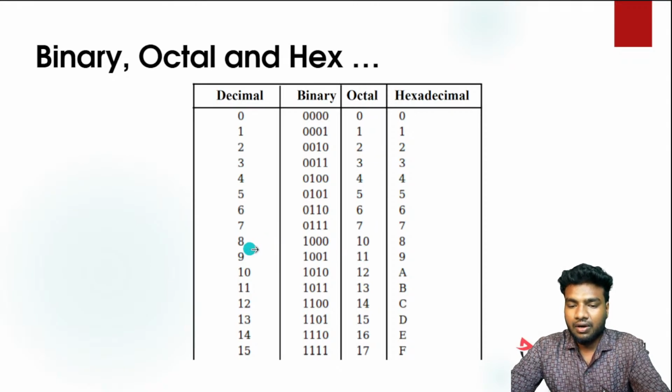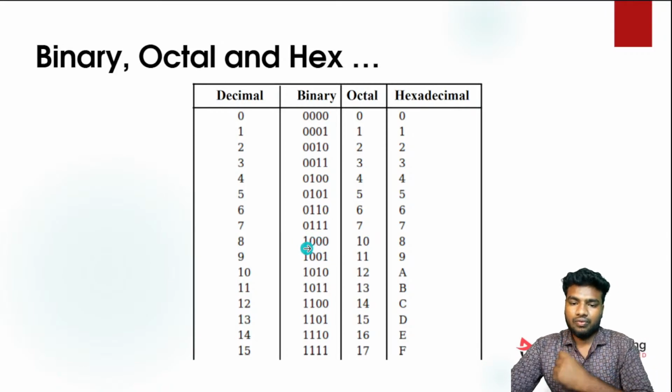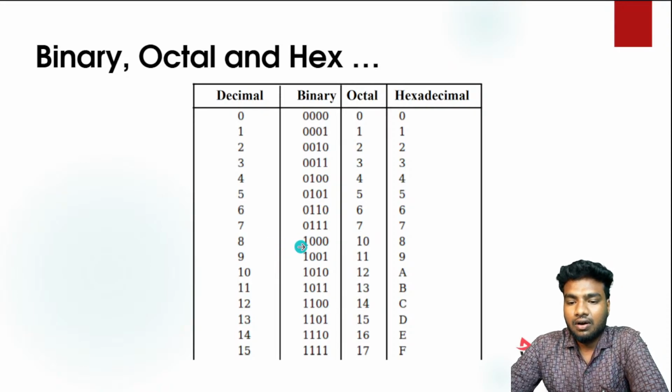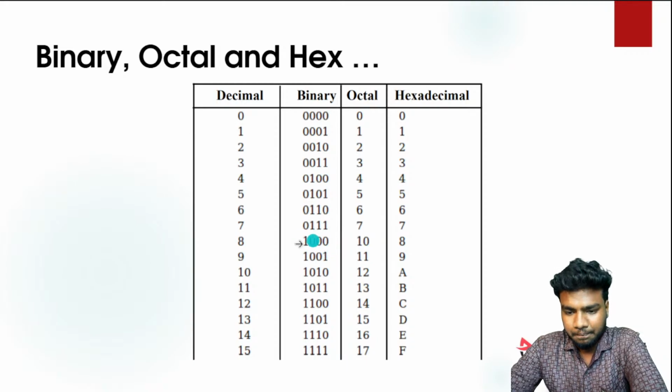At the point of 8 it has 1 0 in octal. Why? Because 8 in decimal, we can represent in binary as 1 0 0 0. This is the representation of 8 in binary.